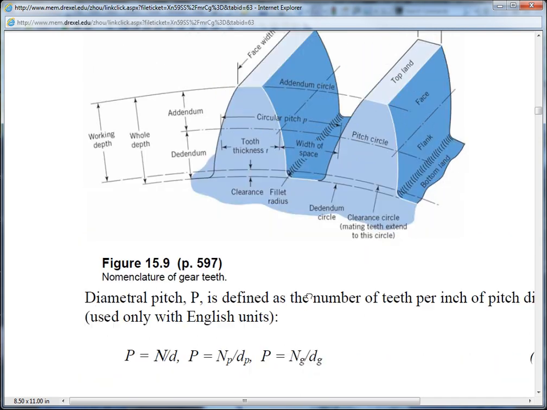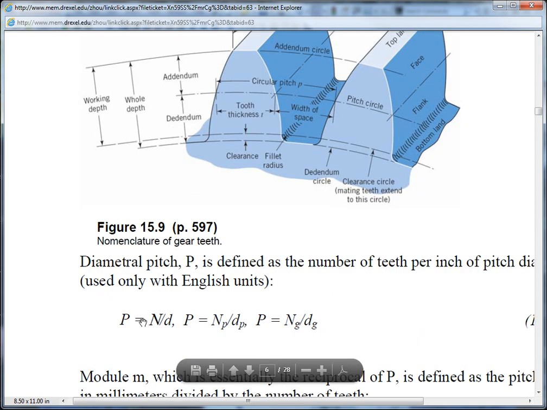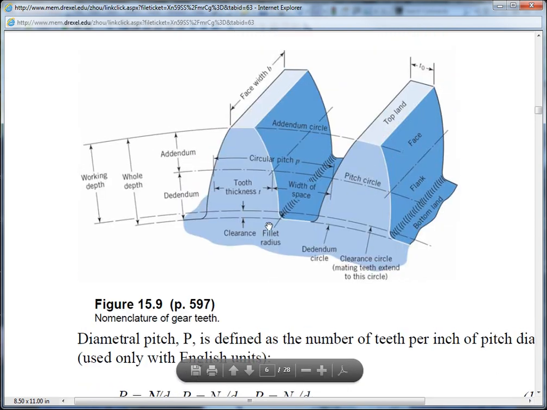And it can be shown that this circular width of the tooth right here is just going to be equal to pi divided by 2p, where p is the diametral pitch. That could be easily calculated because of the number of sectors you would have here.